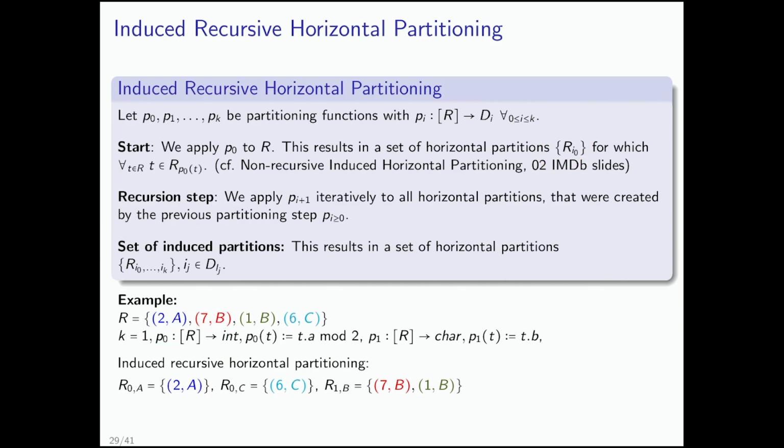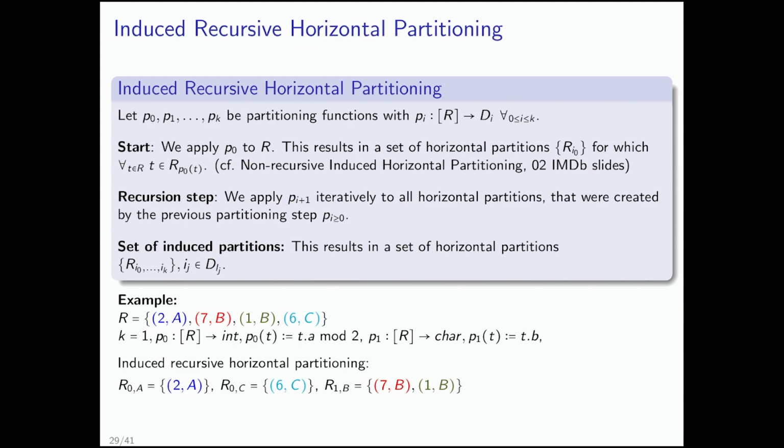So maybe let's start with the example here. I have that input relation R with only 4 tuples, and I have 2 partitioning functions. That is my first partitioning function, basically just returning whether attribute value A is odd or even, modulo 2, it returns 0 or 1. And the second partitioning function just returns that character, this B attribute of tuple T. We used the same when we talked about IMDb.